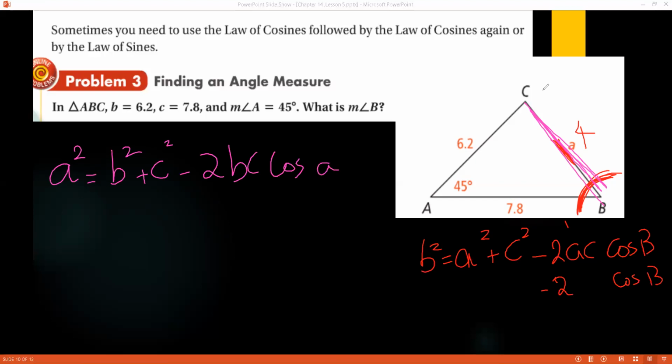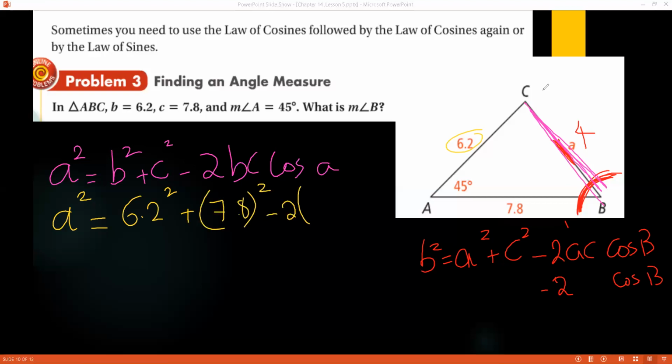Then A squared is unknown, B squared is 6.2 squared, and C squared is 7.8 squared, minus 2 times 6.2 times 7.8 cosine angle A, which is 45.